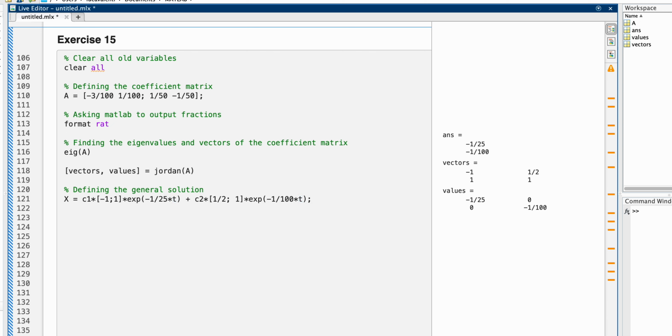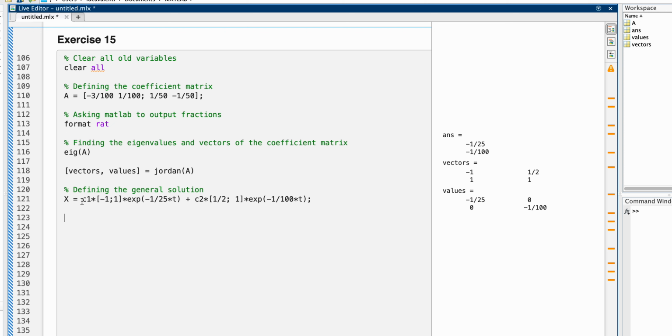And I don't want it to output, but I want to check that it is correct. So let's see. Right there, what do we have? We have C1 times a vector -1 and 1, exponent of -1 over 25 times t, plus C2 times 1/2 times 1 times the exponent of -1 over 100 times t.